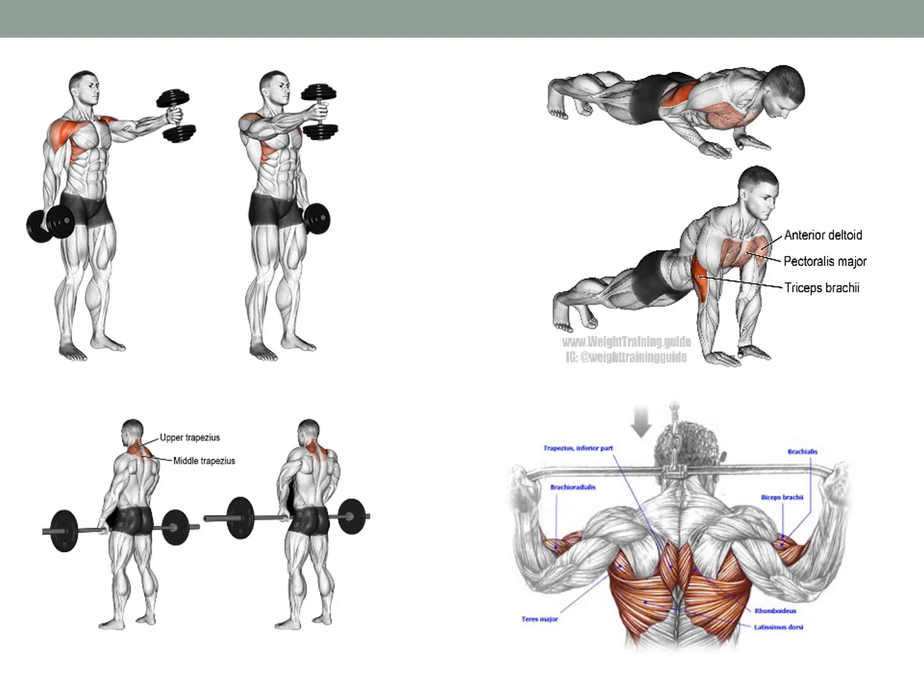And then the bottom right is a lat pull down, which is obviously using the latissimus dorsi, and it is also using the teres major, along with other muscles, but those are the main muscles being used in that exercise.